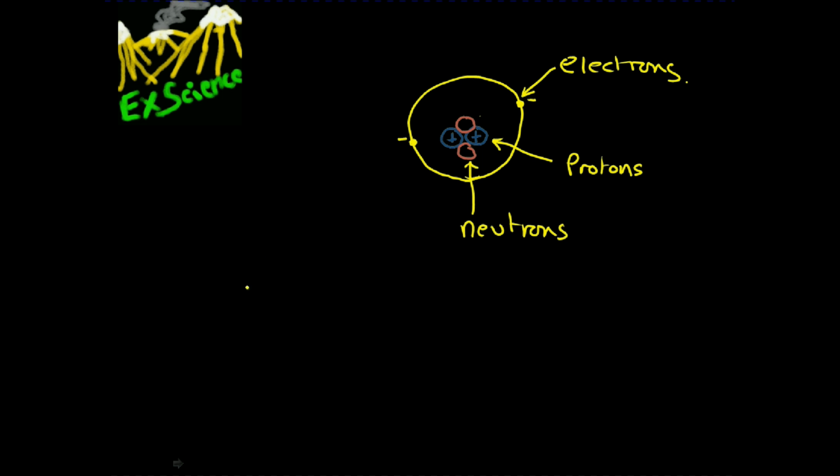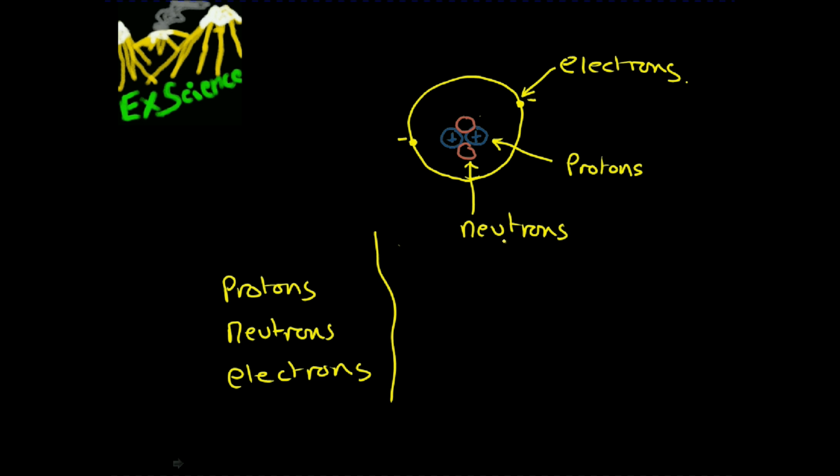So I'm going to draw a little table of these subatomic particles. Let's start here. Protons, neutrons, and electrons. It's not a very tidy table, but no matter.